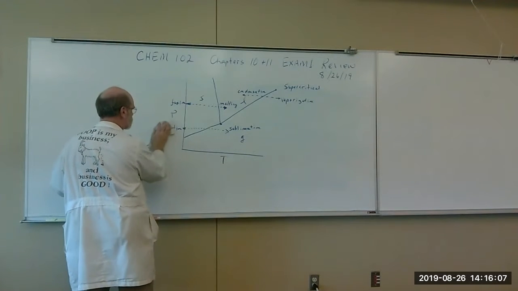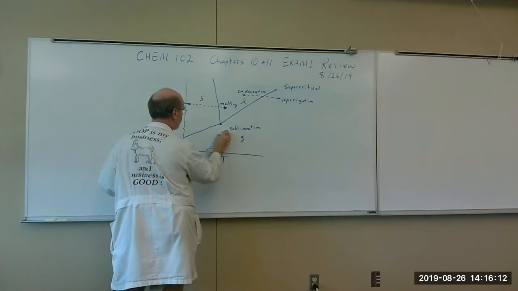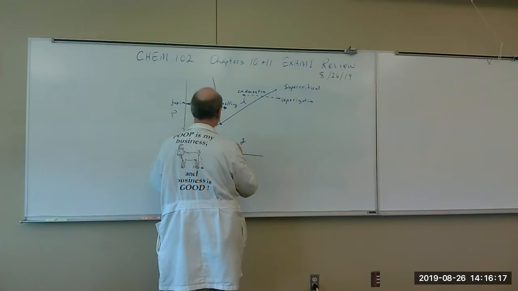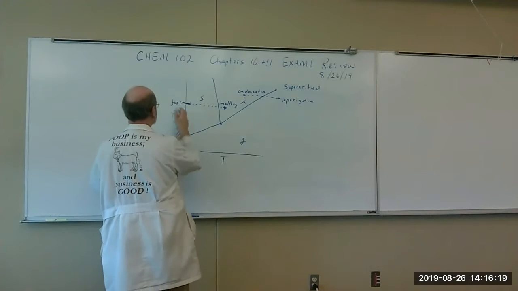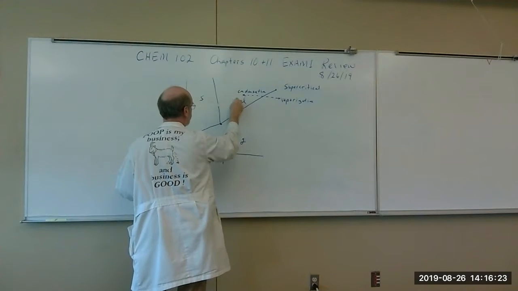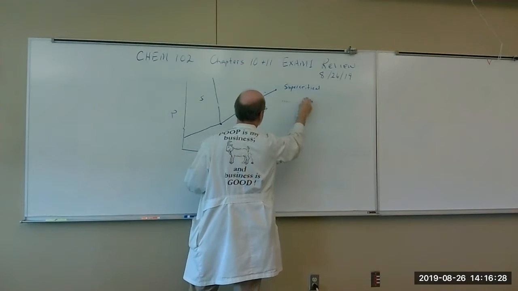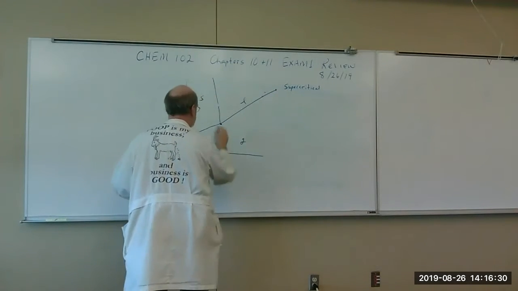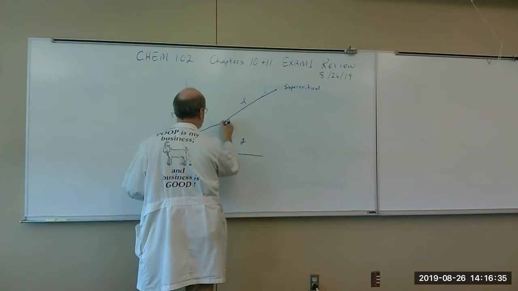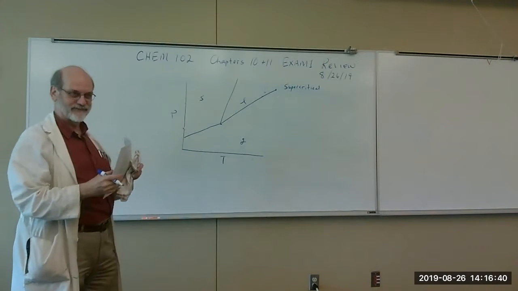Let's remove some of this mess so I can use the diagram again. Okay. We're going to change this one to a conventional positive slope. So we're not water anymore.